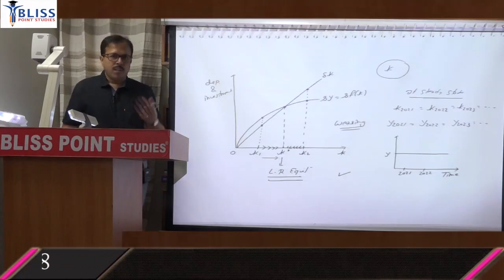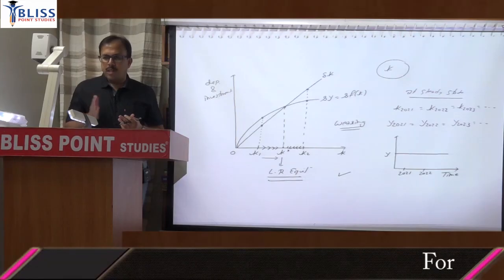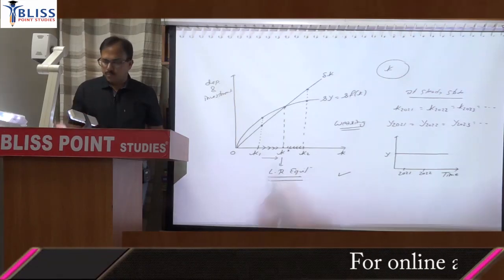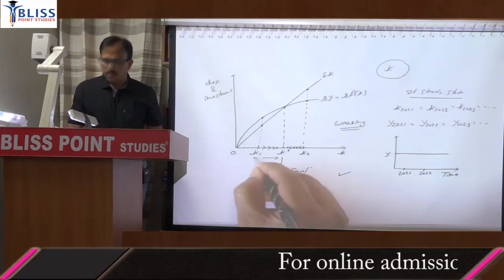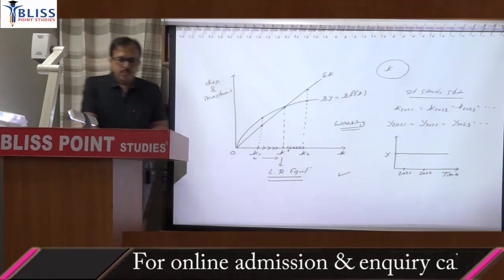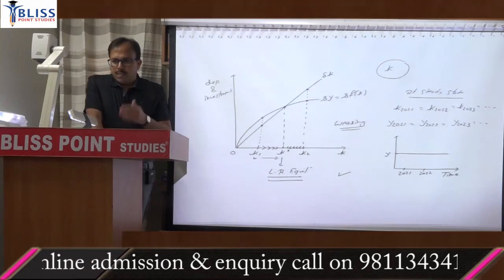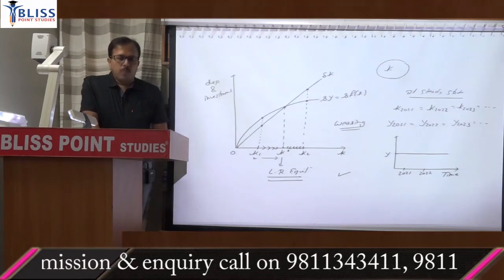Just to elaborate, for example, if stock of capital is less than a steady state, is this K1. If stock of capital is less than a steady state, then investment is more than depreciation.